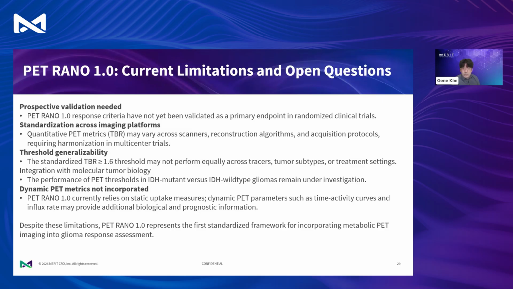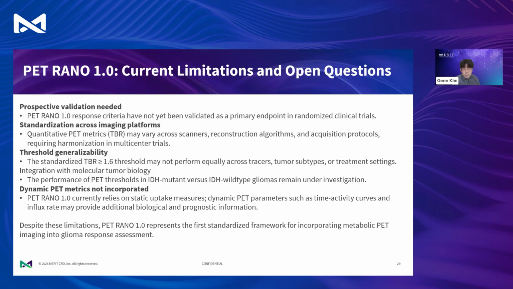Scanner and platform standardization is another real operational challenge. Tumor-to-background ratio values are sensitive to differences in acquisition protocols and also reconstruction algorithms. Achieving comparable values across sites requires systematic harmonization work during study startup.